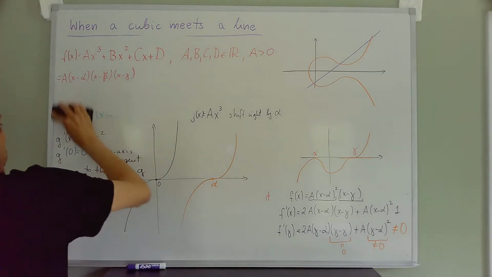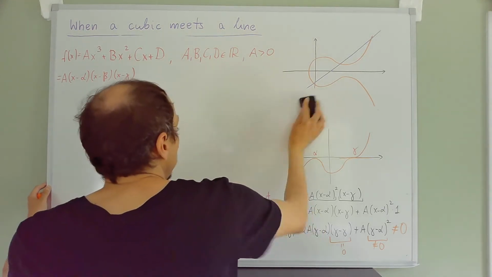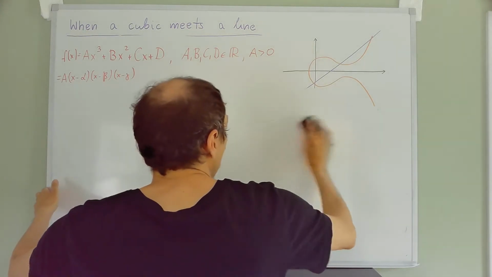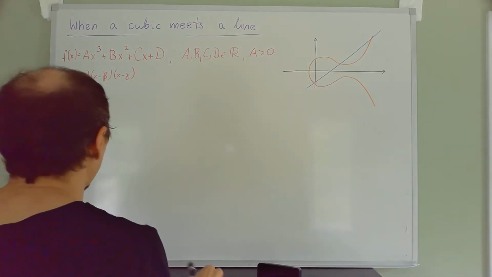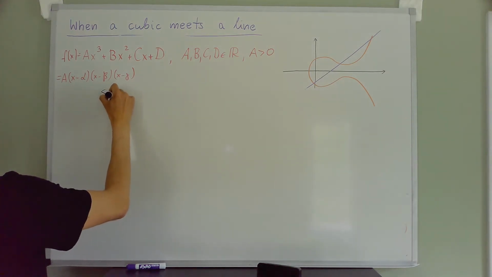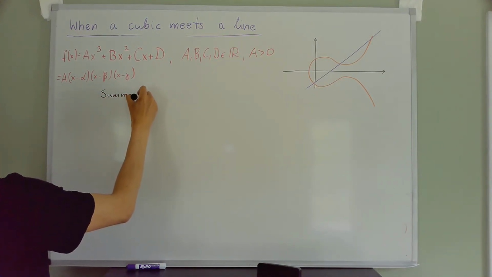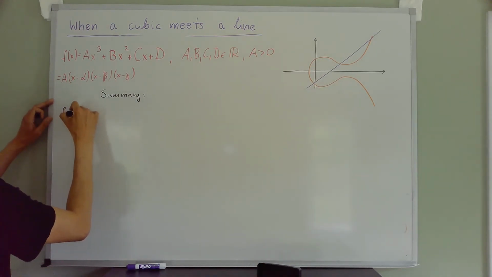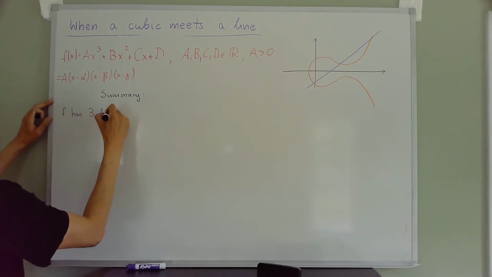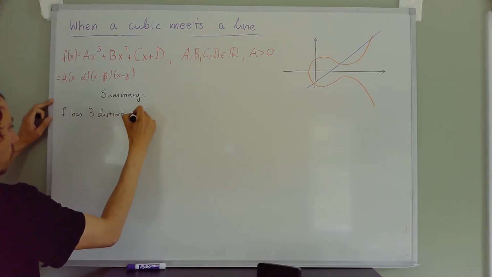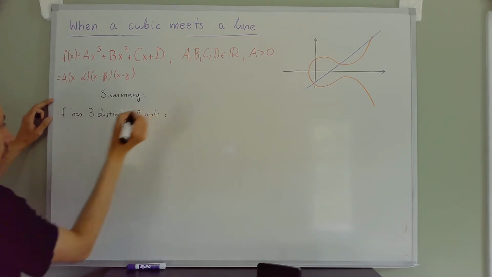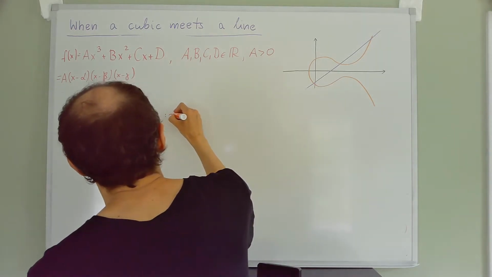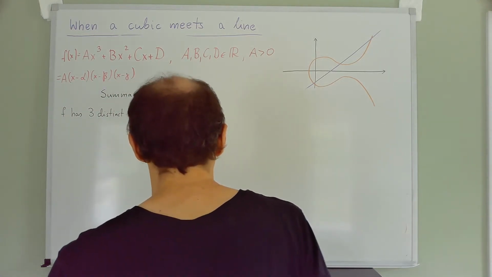So let's write down a summary here of these 3 cases. So, a little summary. It's the same f. F has 3 distinct real roots. Then that leads to a graph like this.